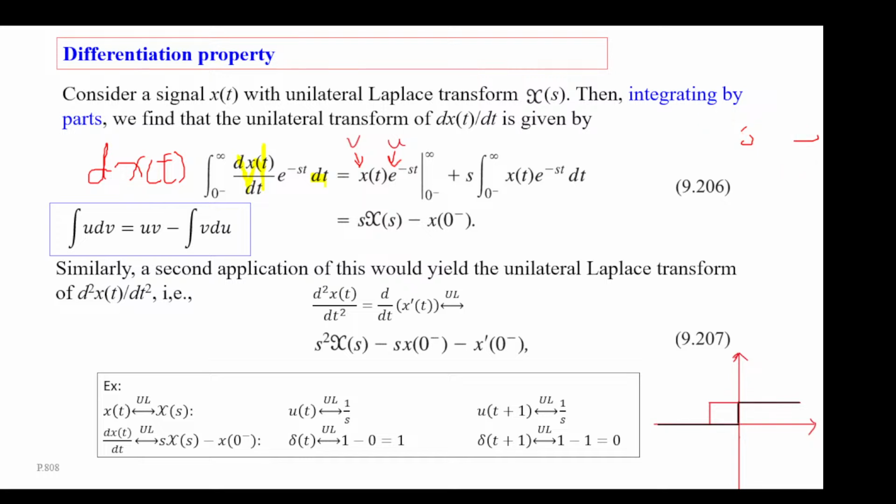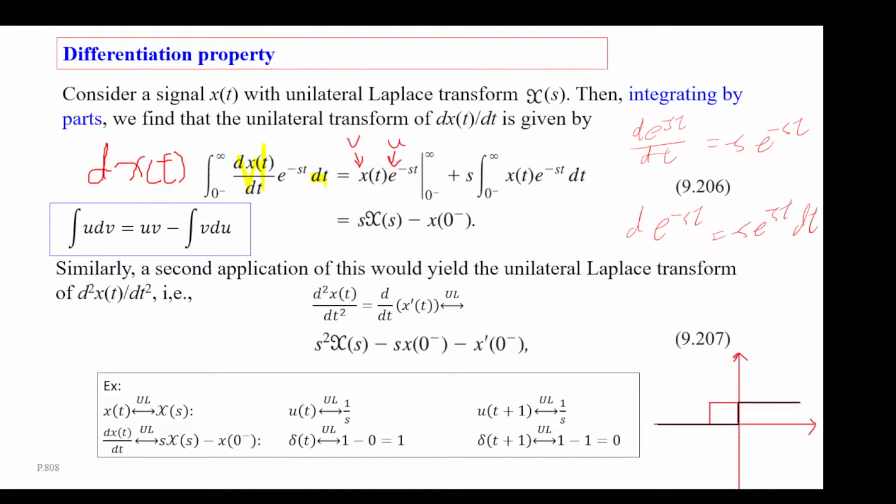Okay, so a little review of calculus here. We want du. By calculus, d of e to the minus st over dt equals minus s e to the minus st. And so you move this dt to the other side, so you have d of e to the minus st equals minus s e to the minus st dt.